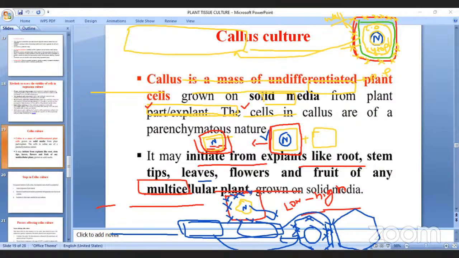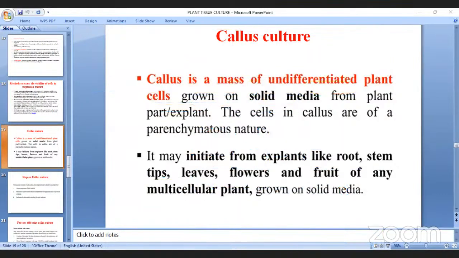You can see here, in the enzymatic method, after plasmolysis the cell is cut with scissors, and the protoplast is separated.